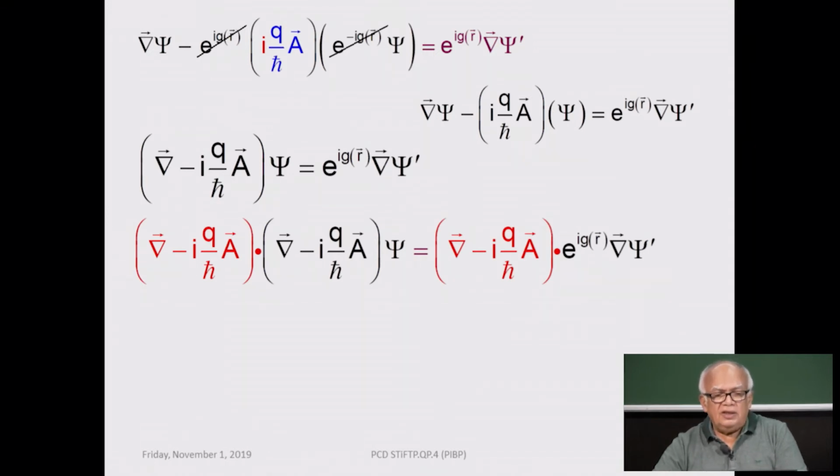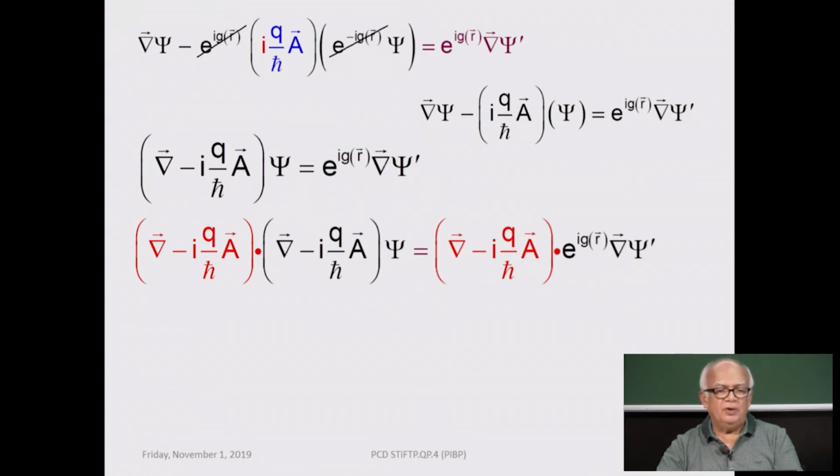And you operate on this equation. Essentially what you take is the divergence of that. So, take del dot this term and add to it this minus iq over h cross A dot the same term. So that on the left hand side you will have the square of this operator, but you do the same to the right hand side as well. Okay. So, you have got the left hand side and the right hand side.